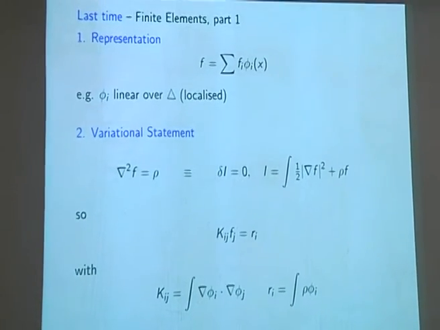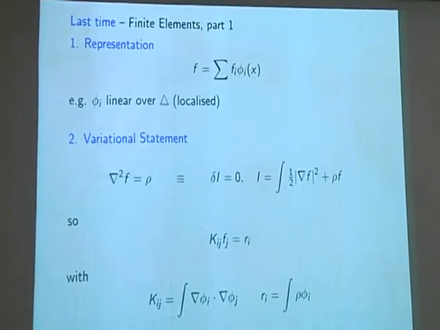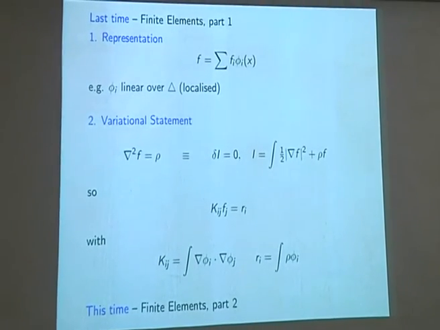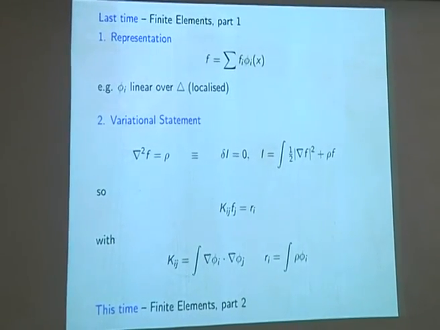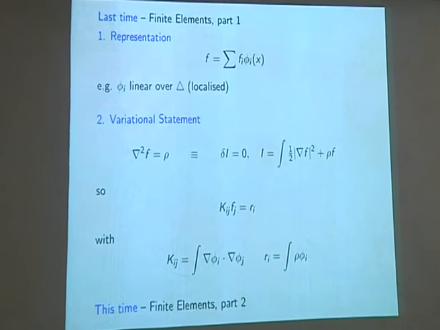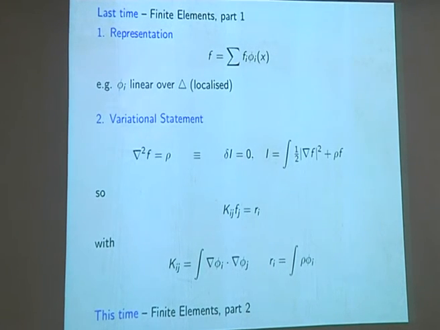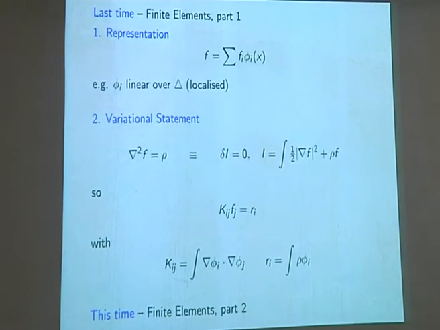And I've just rubbed out the proof that there is a connection between the 2. So if we substitute that representation into the integral and minimize over the parameters, the integral is a quadratic in the values of the parameters.